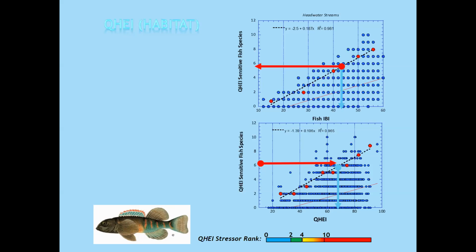About 6 species from that QHEI sensitive fish species group is the equivalent of our fish IBI, with a nearly 0.9, or 0.98, R squared correlation.